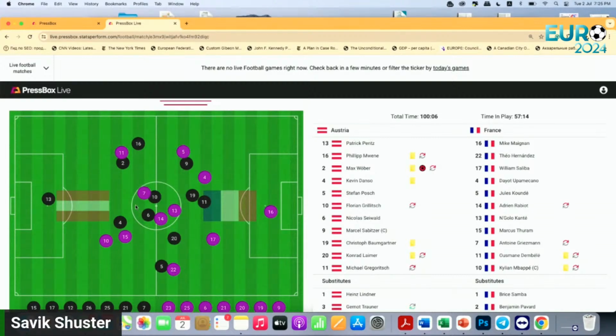To me, Austria is the biggest surprise of this tournament because it's very organized. It's very well coached. You feel that there is a group, a solid collective, and one for all for one, and that makes Austria really unpredictable.